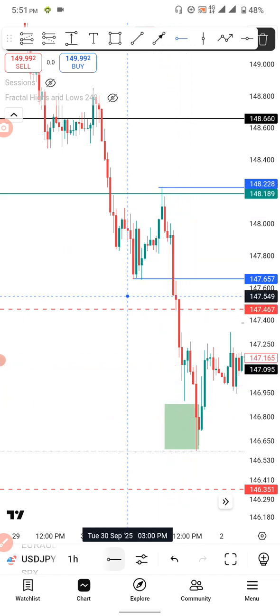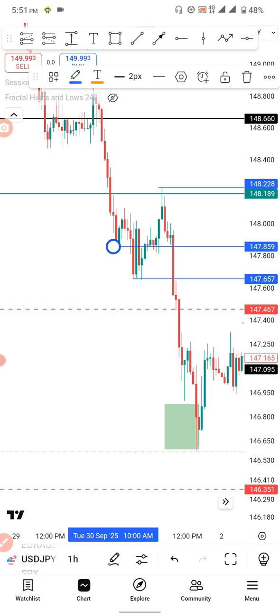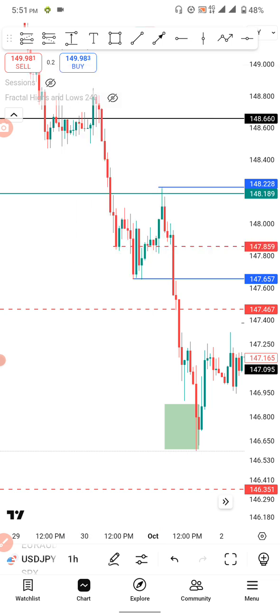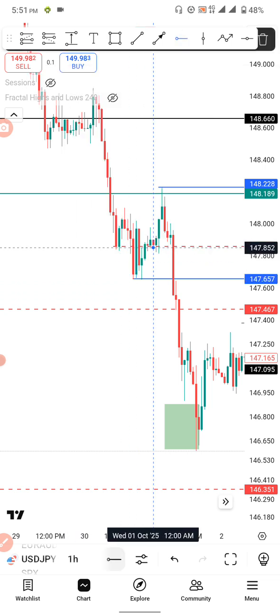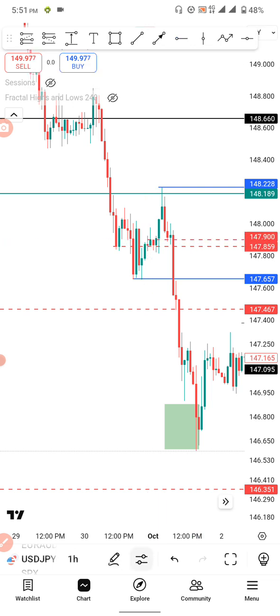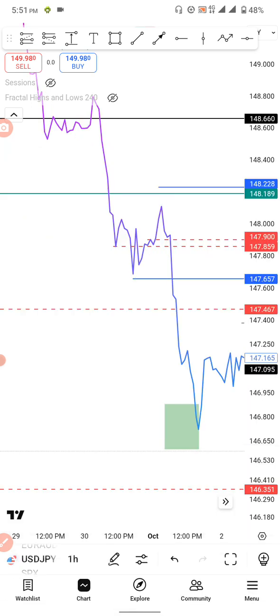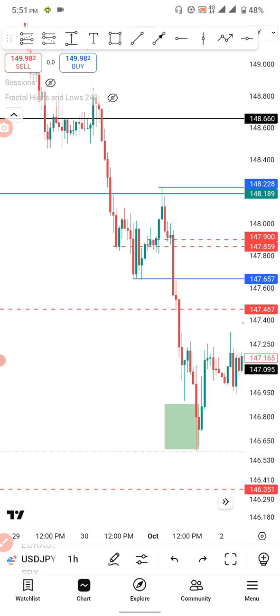The liquidity engineering is this one I see here. We shall make this one a red line liquidity, and we also have that one. They are near each other. If I shift to line chart, you can prove that. So we have to wait for the market to come back to either of those levels.